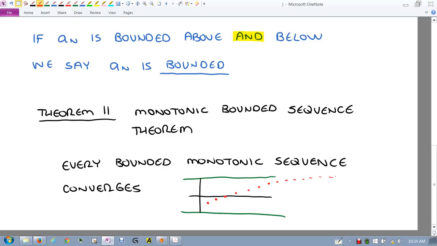All right, so look at this problem here. Is A sub n equals n plus 1 over n bounded?